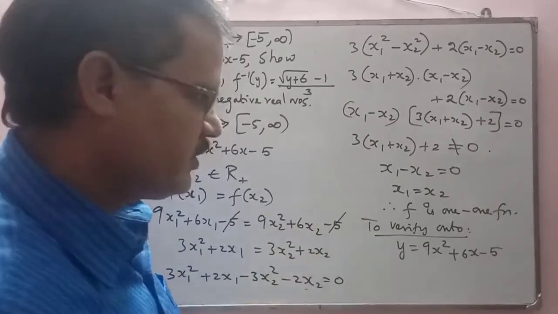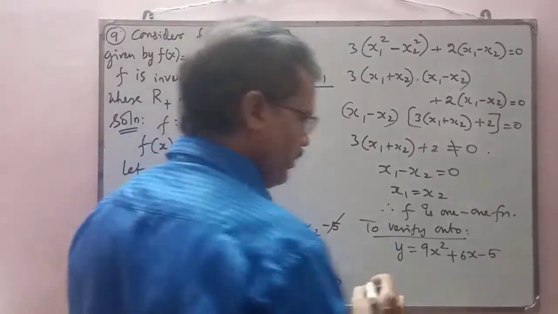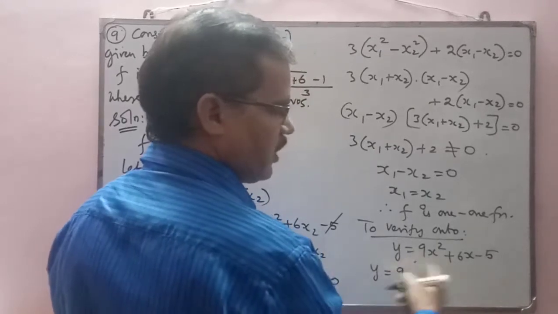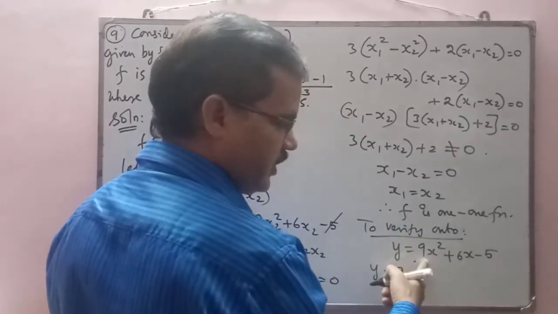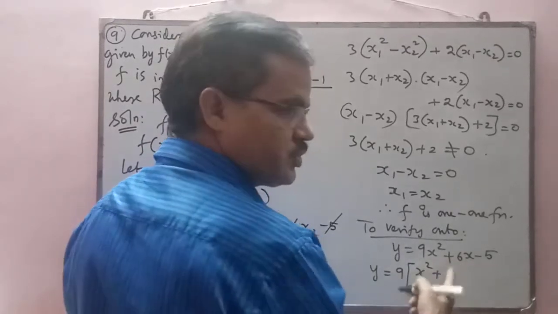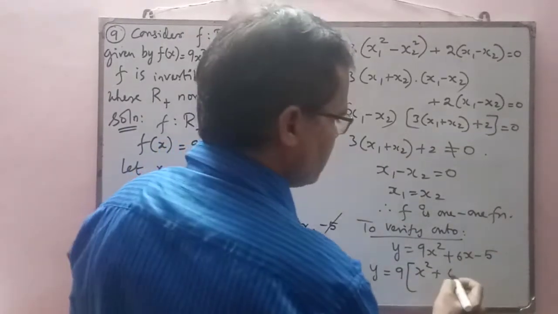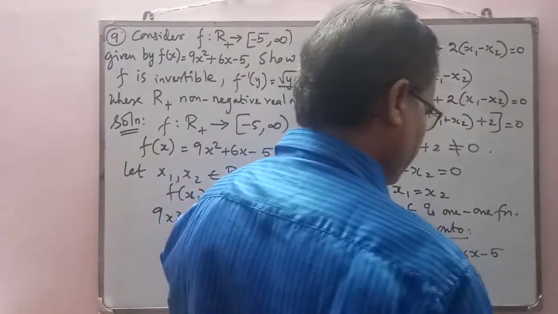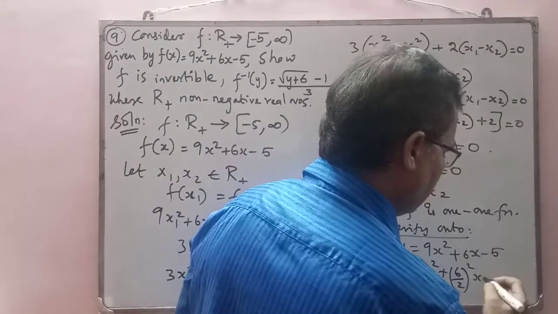If you are not comfortable with that, you can go with the quadratic formula. Whichever you choose. Now I am taking 9 out because in the complete square method you should not have any coefficient in front of x squared. x squared plus the x coefficient should be divided by 2 and squared. So 6 by 2 and I am squaring it.